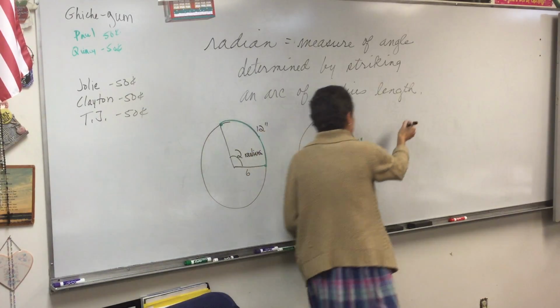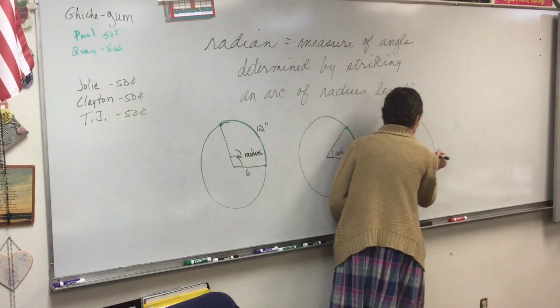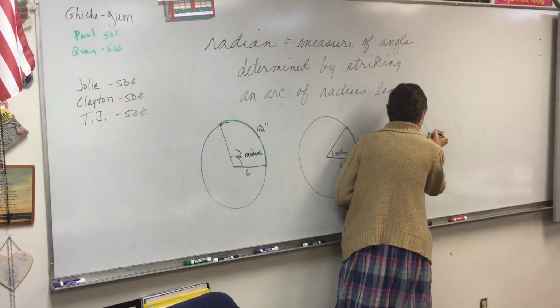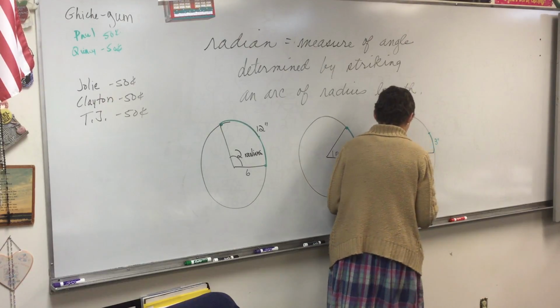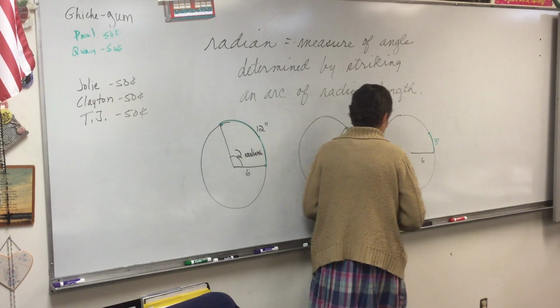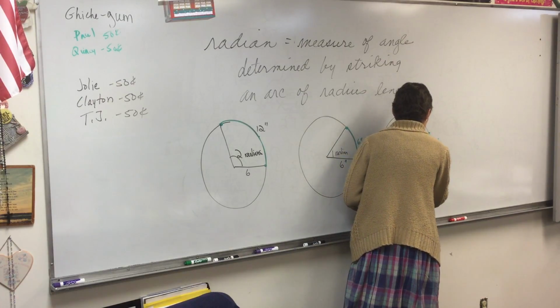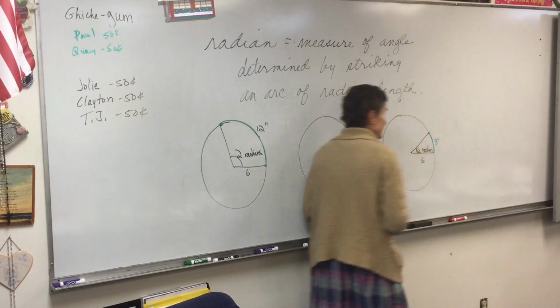What if I took that very same circle and I struck an arc that was only 3 inches long? Okay, now wait a minute. 0.5 or half a radian?